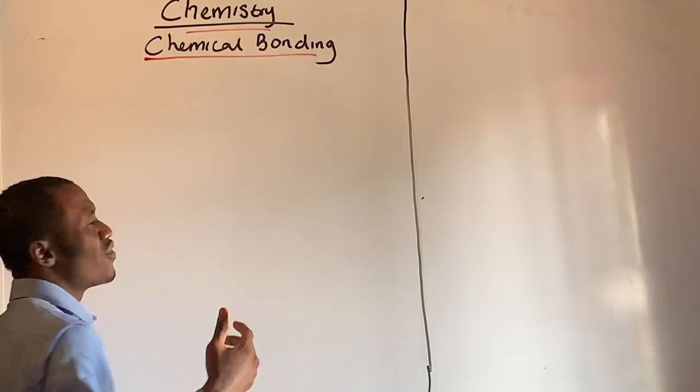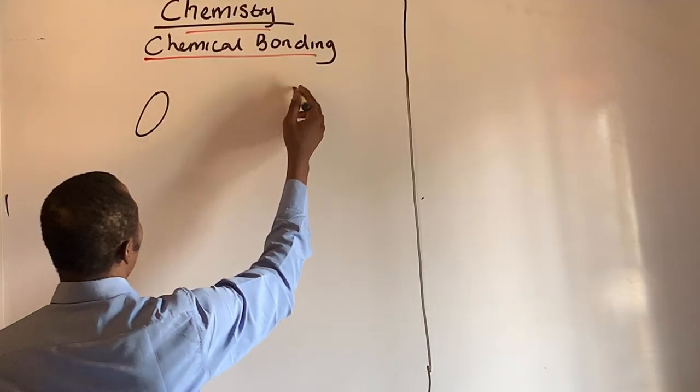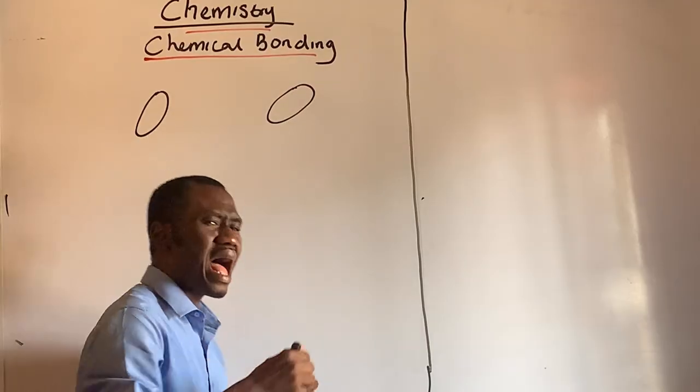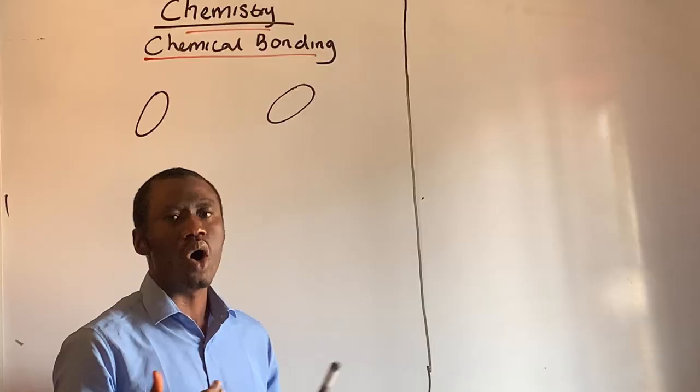Now, every atom of an element wants to be stable. And for an atom of an element to be stable, the outermost configuration must be duet or octet.